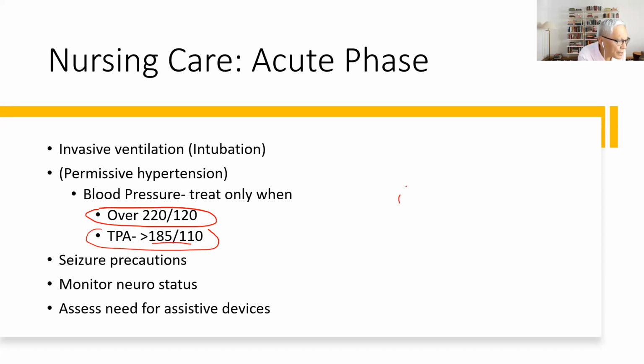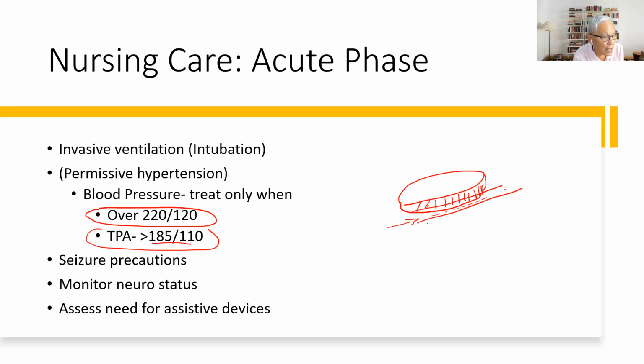If this is the brain tissue, and this is the blood vessel, when you have injury, the brain will swell. So this is going to happen. The brain is now going to close up your vascular bed. So would you require higher pressures to maintain circulation here or lower pressures?